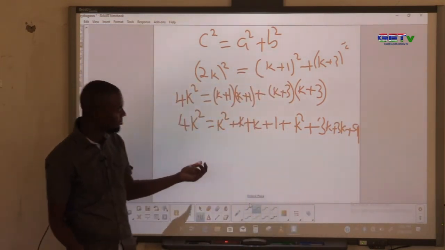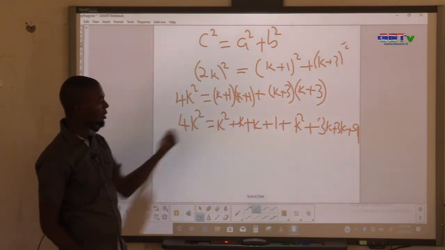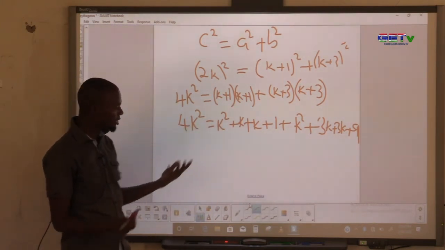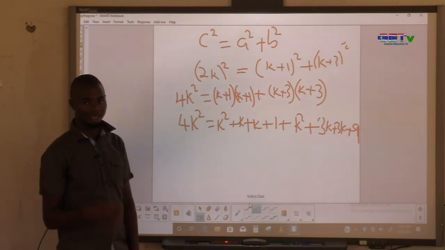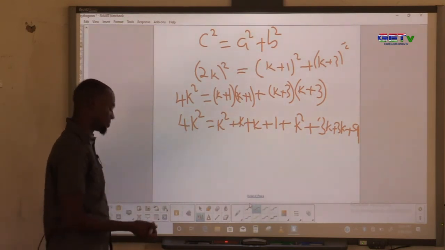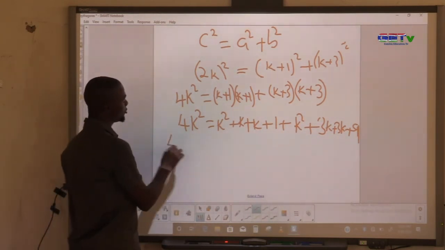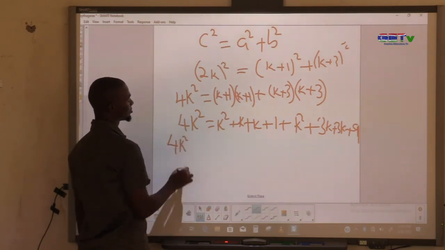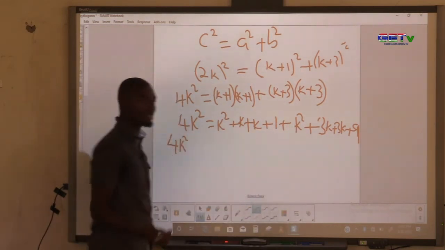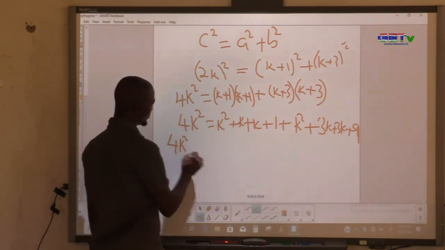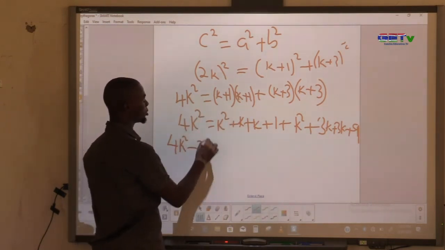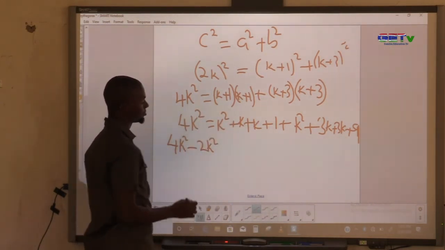We collect like terms. We bring the k squares together, we put the k's together, and the ones without a variable, we also put them together. So you will have 4k square, k square, that is 2k square. If we bring it to the other side, it becomes minus 2k square.